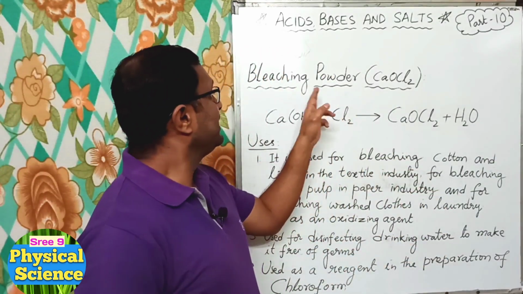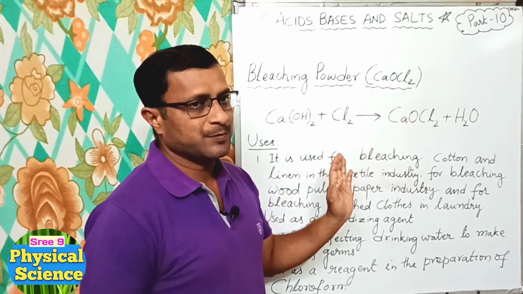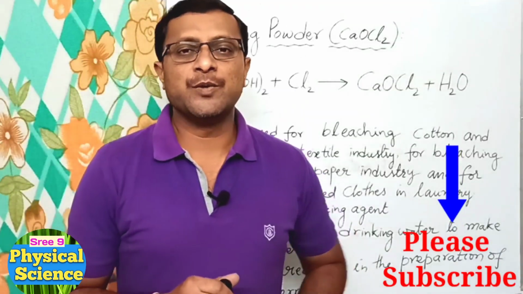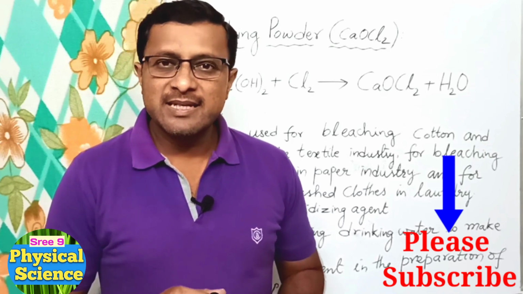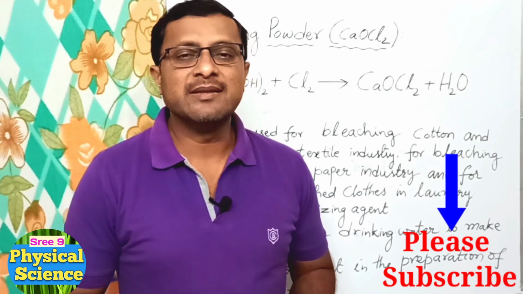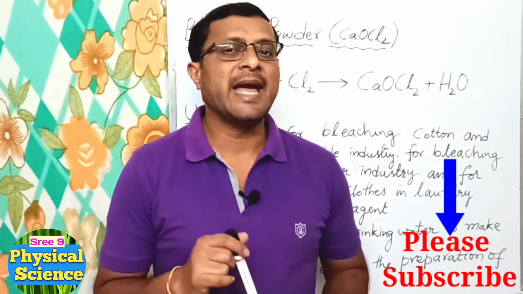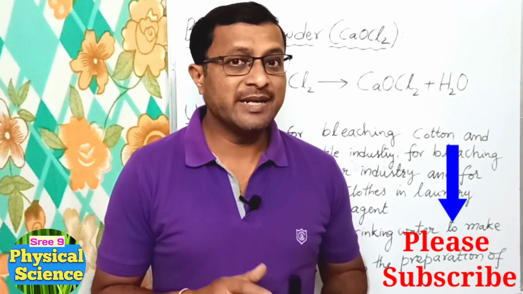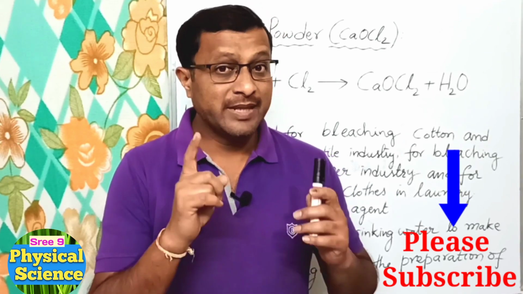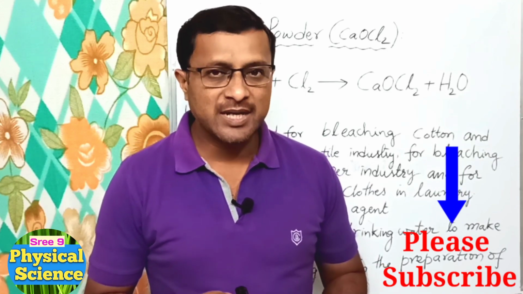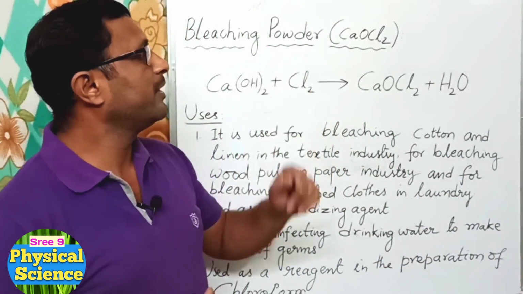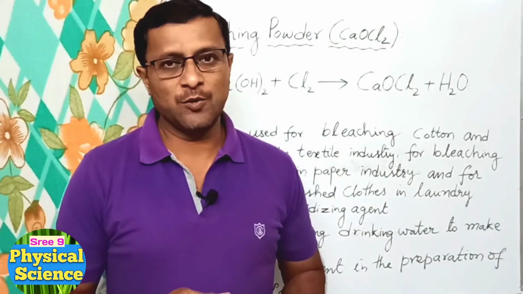So that is bleaching powder, CaOCl2. We learnt that chlorine gas is produced during the electrolysis of aqueous sodium chloride solution, that is brine. That chlorine is used for the manufacture of bleaching powder, that is calcium oxychloride.